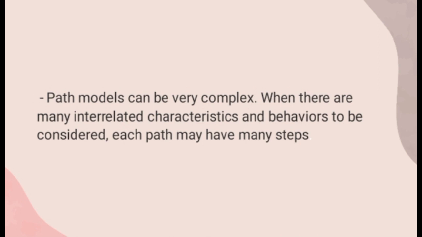For example, if you draw lines between many dots, it becomes messy and confusing to understand. Similarly, path models deal with many interrelated characteristics or behaviors, and each connection between them can involve multiple steps to fully understand how they are related or connected.